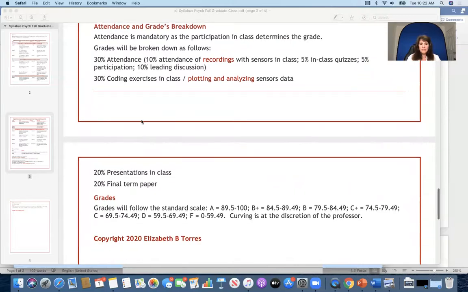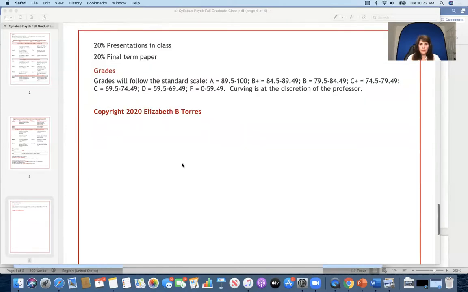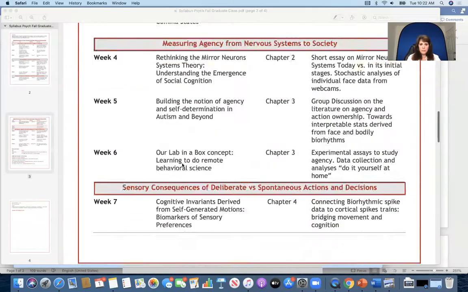Coding exercises for plotting and analyzing data, visualizing data. You will have a presentation in class as a team, and then we'll have a final term paper explaining how you would use this in your own research. That's pretty much the class.